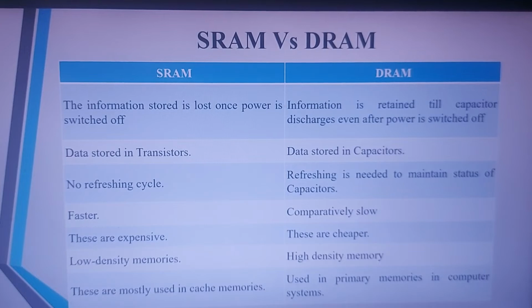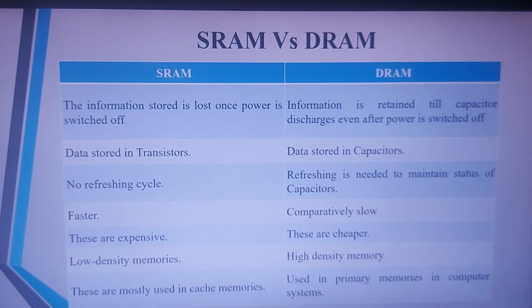As we already discussed, in SRAM, data is stored in transistors, that is in the cross-coupled latches, and in a DRAM, it is a capacitor which stores the data. SRAM does not need any refresh cycles, as it is stored in the transistors. It will be in a stable state, so it does not need any refreshing cycle.